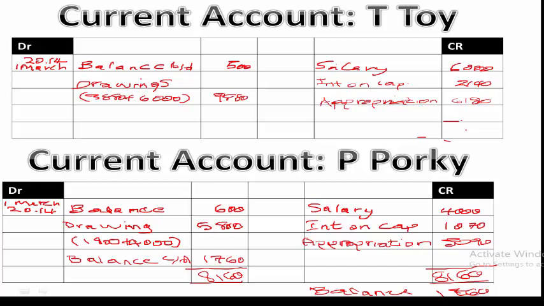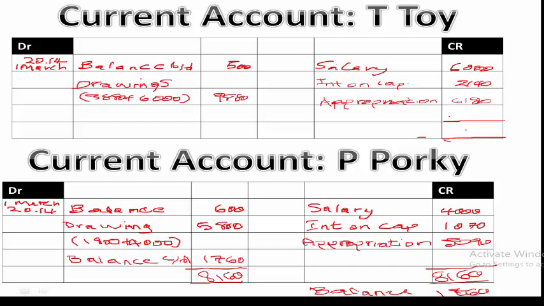Again, it seems like the credit side is bigger than the debit side. So let's look at the total. If we add 2,140, 6,000 as well as 6,180, we should get an amount that will clearly be over.